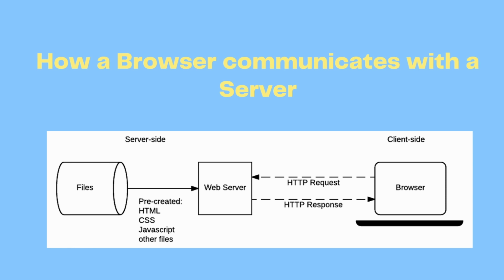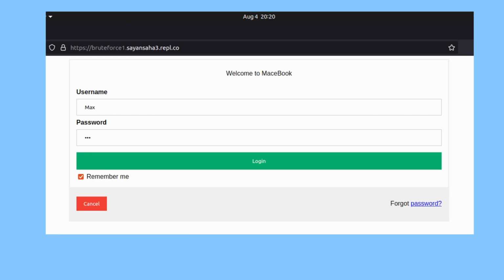We want to access their HTML, their CSS, their JavaScript, and also the media files. For that, we need something called HTTP, which stands for Hypertext Transfer Protocol. If we can go to the next slide.